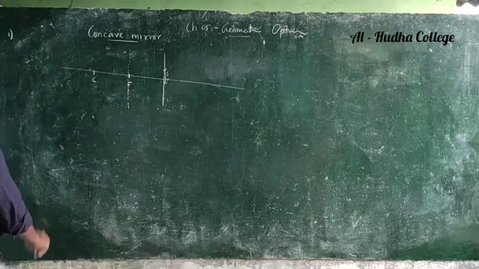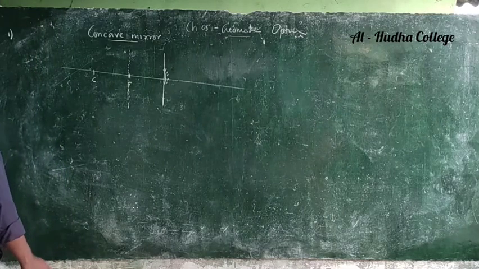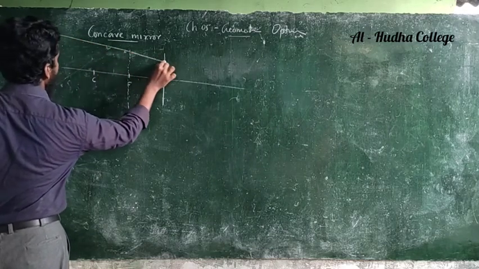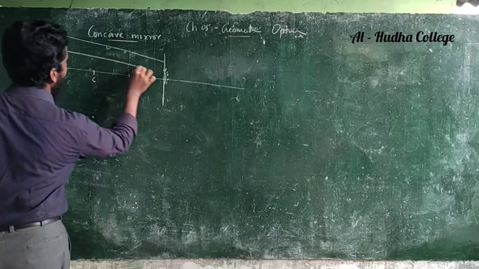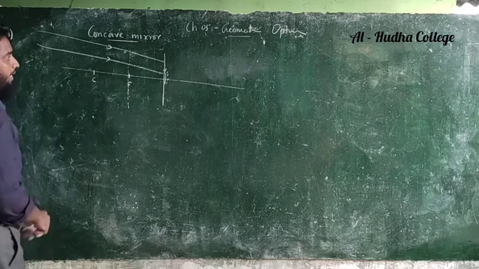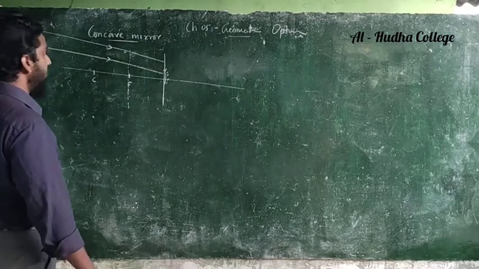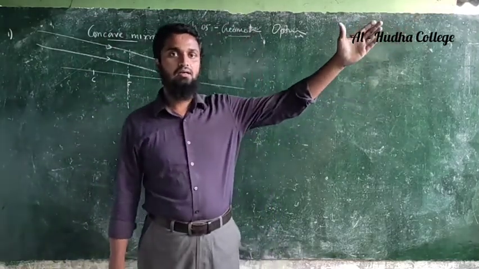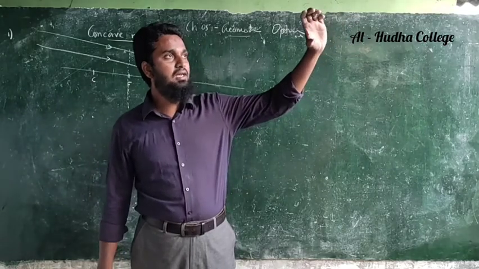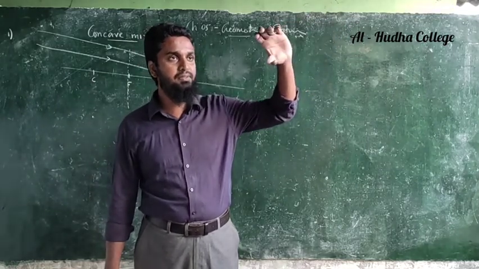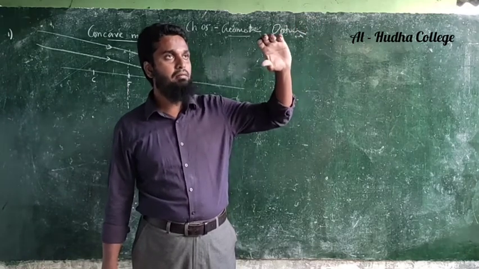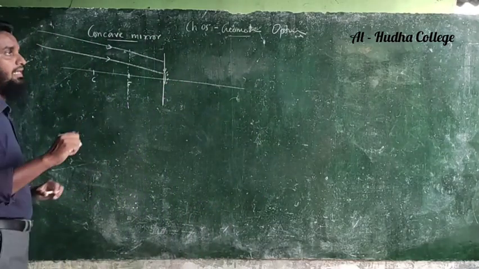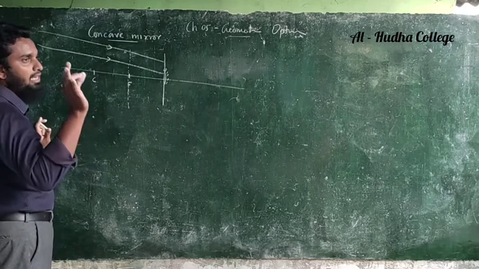Now, the rays which are coming from the infinity object, we always consider as rays which are parallel to each other, a parallel beam. We don't need several rays to obtain the image. We need only two rays.